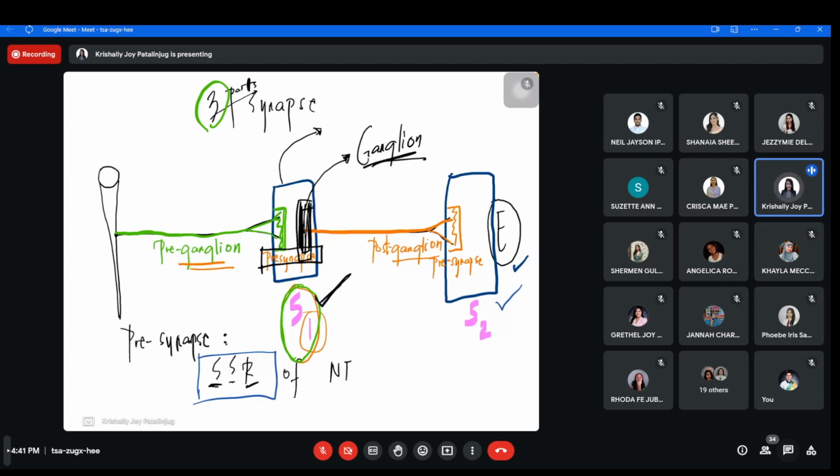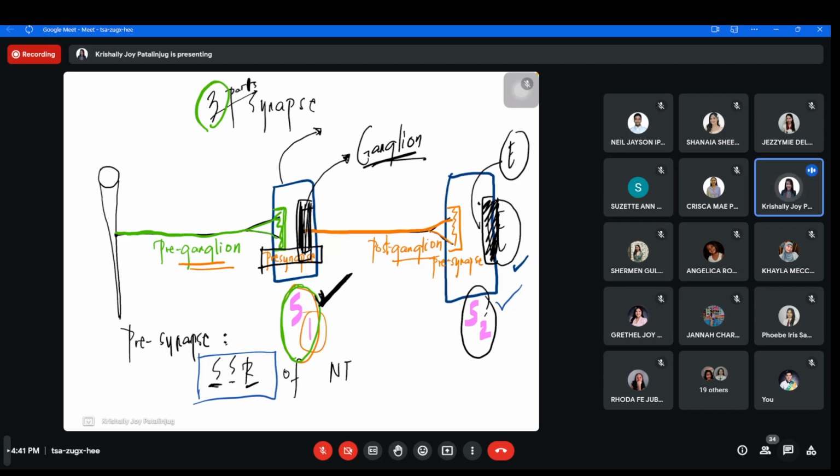Recall that we label that portion, that aggregation, collection of neuron cell bodies as ganglion. Okay, so yan yung tandaan nyo, yung postsynapse or receiving neuron sa synapse 1, kasi majority of the receptors are found there, yun, ganglion. And then, for synapse 2 naman, ang magiging postsynapse dito is already of course, ang effector gland. Okay, the effector organ.